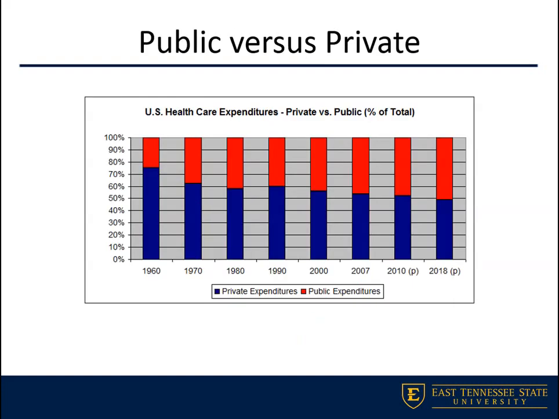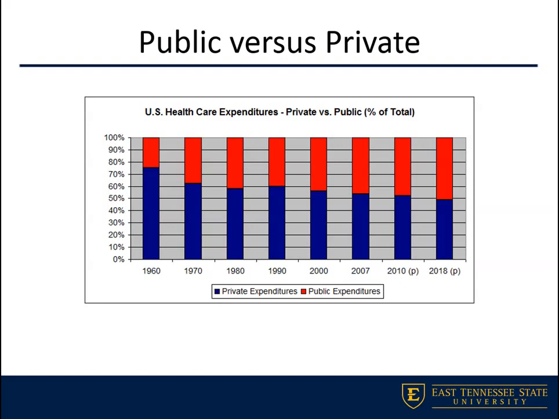And when we move on over and take a look at public versus private insurance, public is going to be things like your Medicare, Medicaid, and TRICARE, and private is going to be more like your Blue Cross Blue Shield, Aetna, Humana, things like that. But what I want you to pick up on this slide and really start to notice is what does the mix look like as we move from 1960 up through 2018?